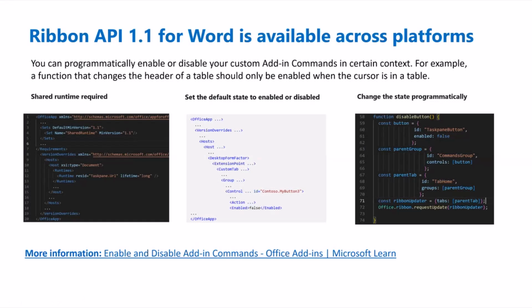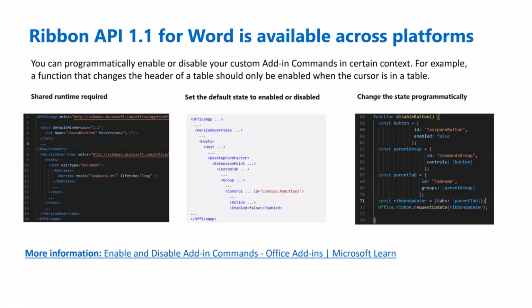So today, Steve and I will share some updates for Word specifically. Thanks to Esther. She just mentioned that Ribbon API is now available across platforms for WXP. So specifically, I will talk about the Word support for this part because this is one of the top asks from the community. People want to control the state of the ribbon buttons. So now we support it for desktop and Word Online. There are three things you want to do.